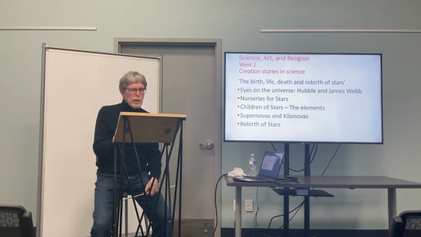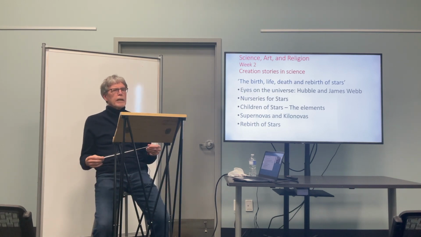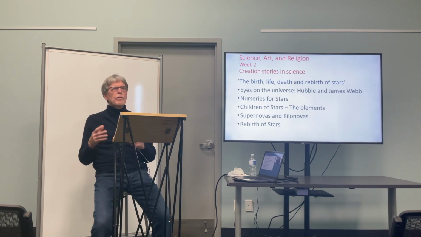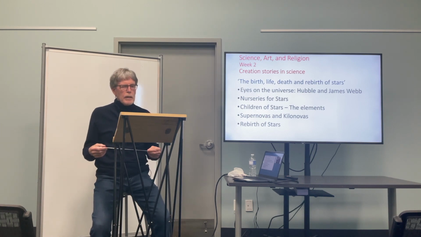Anyway, last week we talked about the origins of the universe, and we covered that ground a little bit today, but now we're talking about the origins of stars. How did the first generation of stars form? What were the forces that led to that?